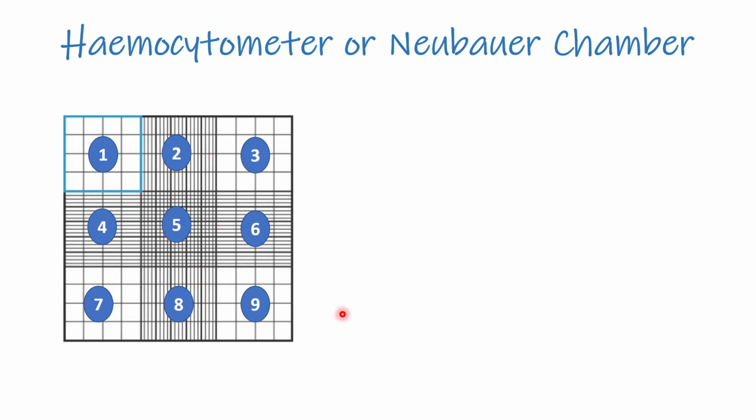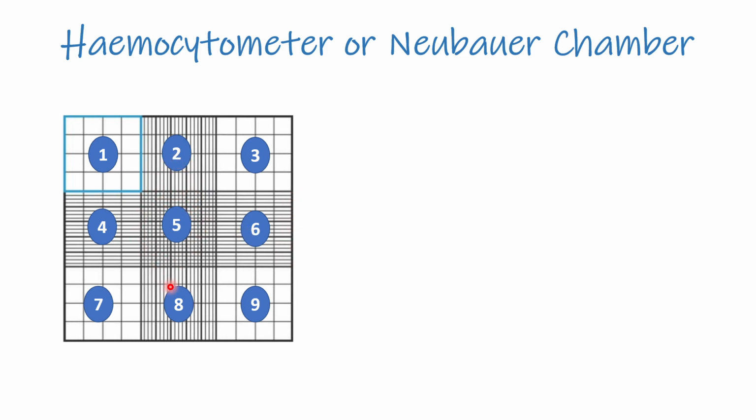Okay, now, notice that big cell numbers 1, 3, 7, and 9 each have 16 smaller cells, right? Because 4 to this side and 4 to this side. But big cells number 4 and 6 have 20 small cells, because 4 cells span from here to here, and this side has 5 cells.